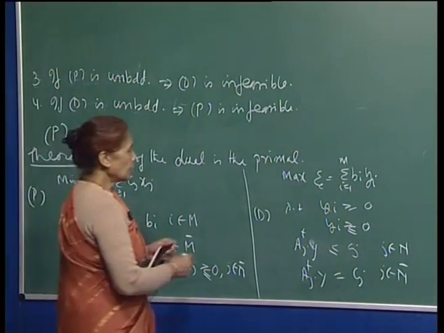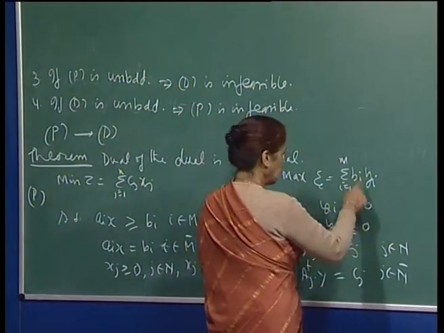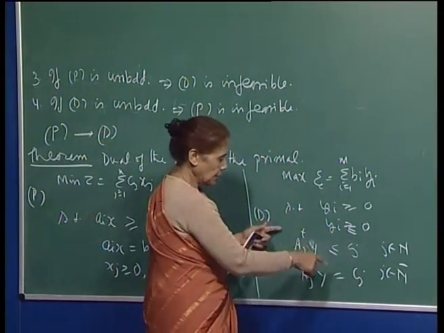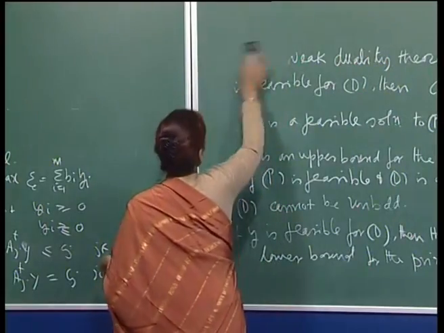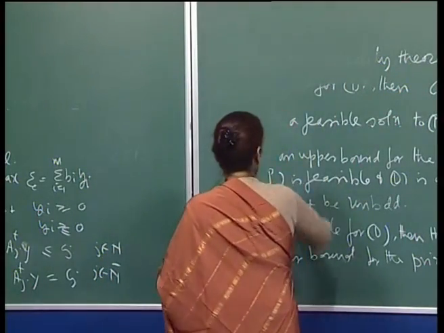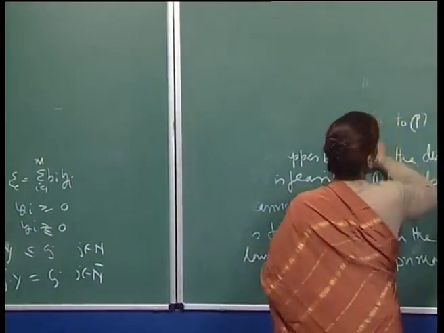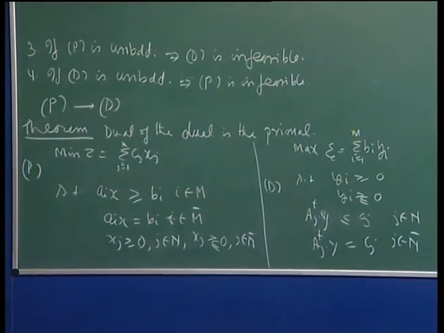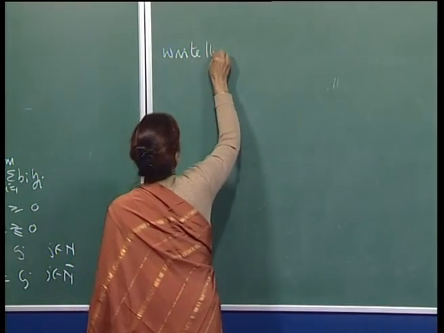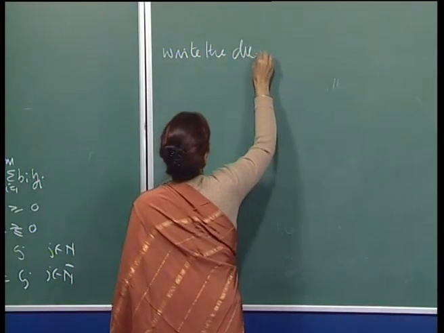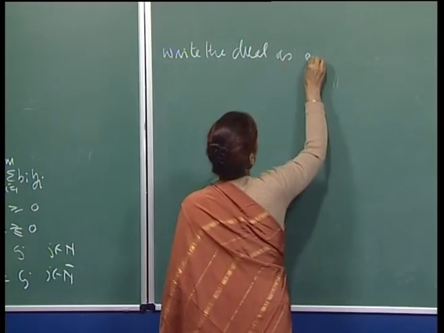Now, in order to be able to write the dual of this, I have to first formulate this as a primal problem. So, what does that entail? That means I have to convert the maximization to minimization, which can be done by multiplying the objective function by a minus sign. So, write the dual as a primal problem.